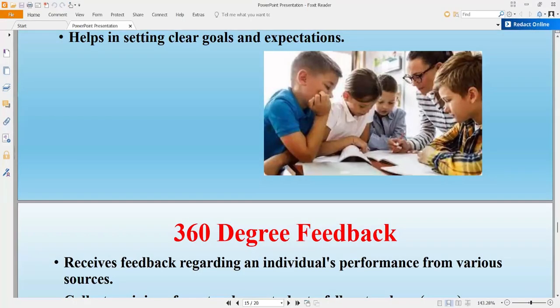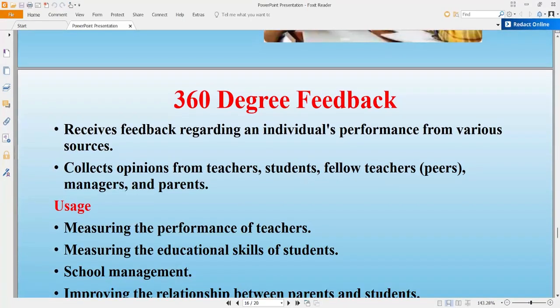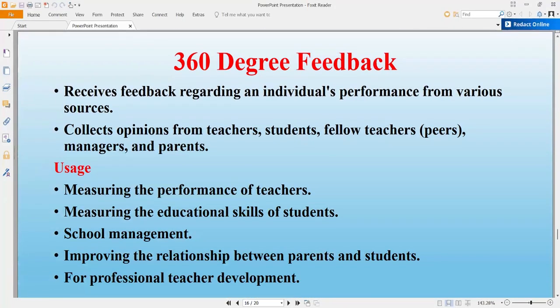Then the next one. 360-degree feedback. What is that?